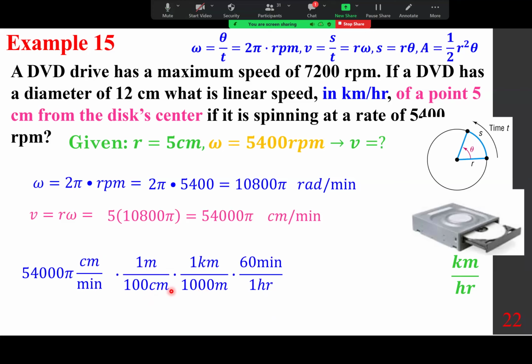The way you put them is such that everything cancels out. So what are we left with? Kilometers per hour. Now you put it into a calculator and it gives you 101.8 kilometers per hour.